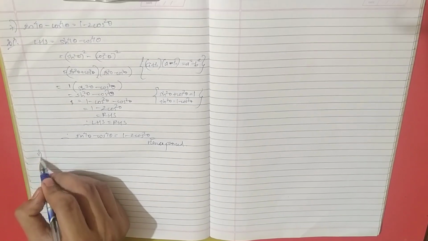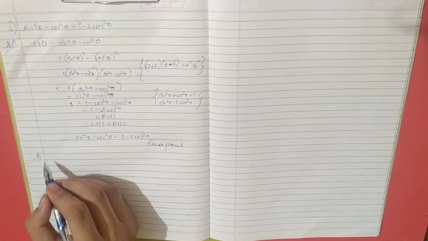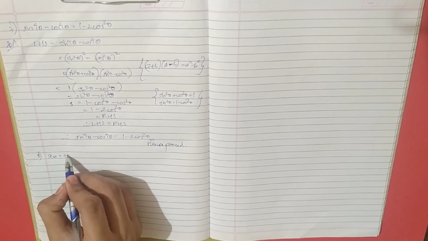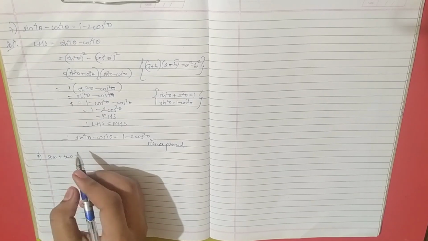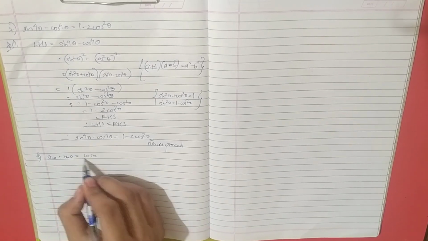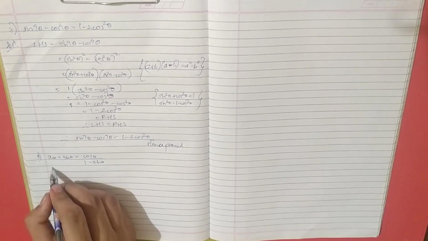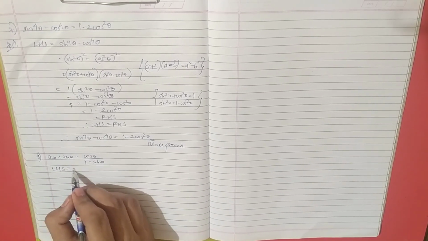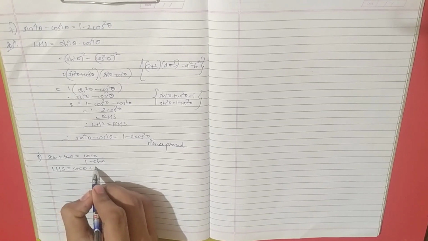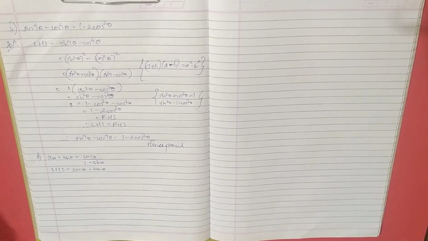Now in question number 8, we have to prove that sec theta plus tan theta is equal to cos theta upon 1 minus sin theta. So the left hand side is sec theta plus tan theta.